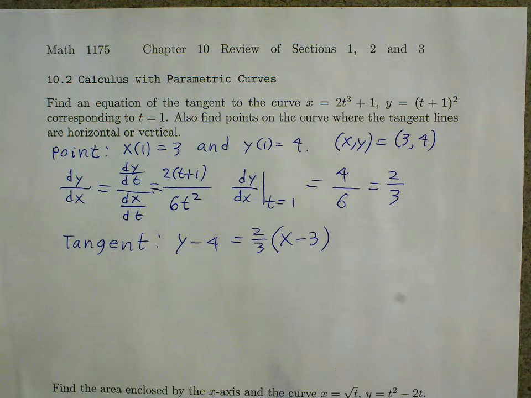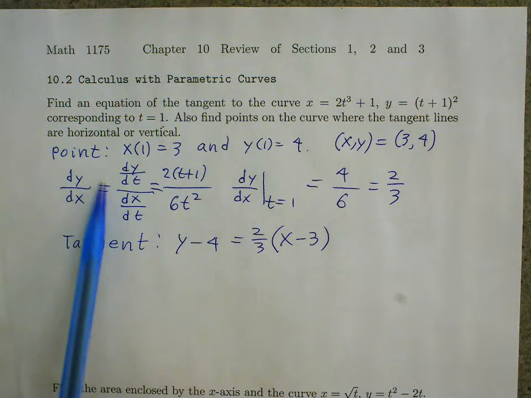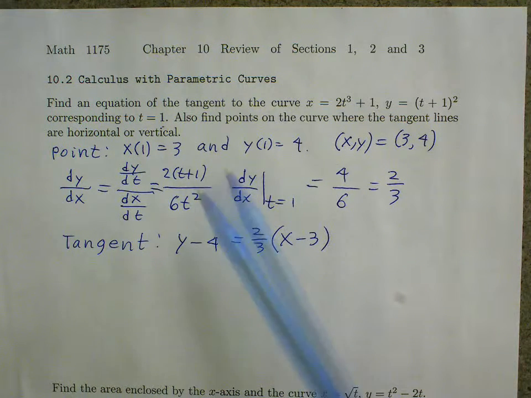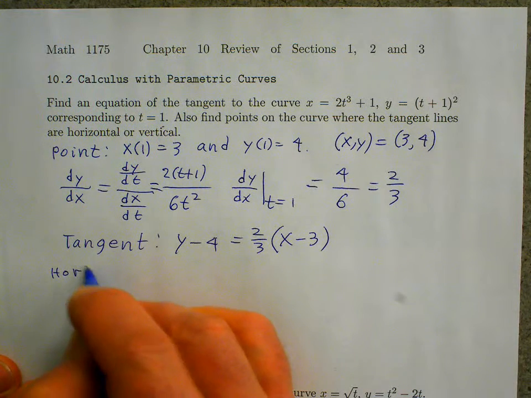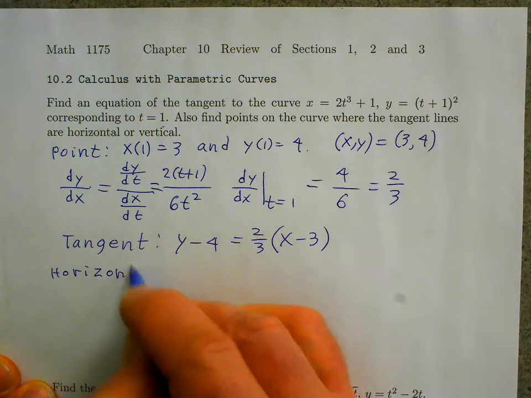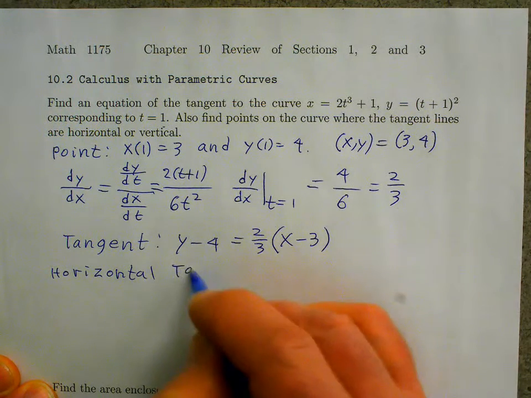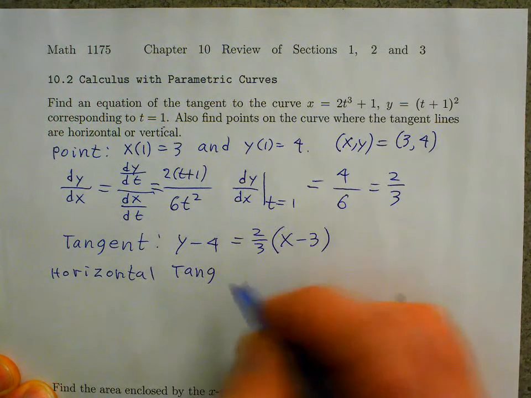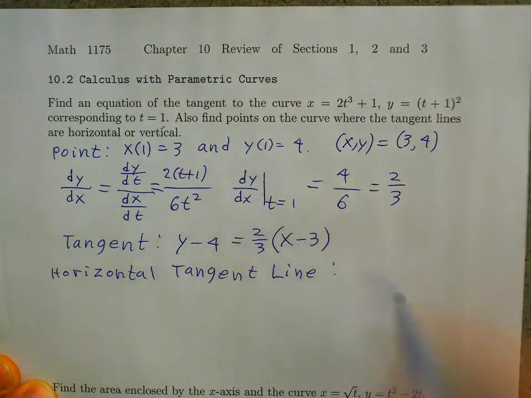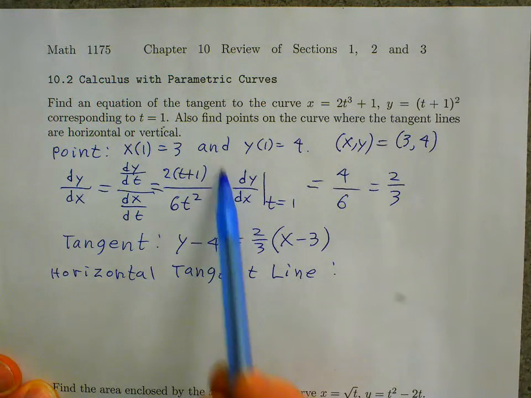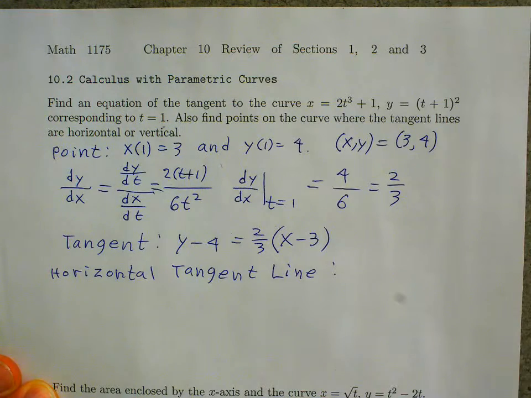Okay, we already have the derivative of y with respect to x. So the horizontal tangent line, when does that occur? When the numerator of the derivative is 0.